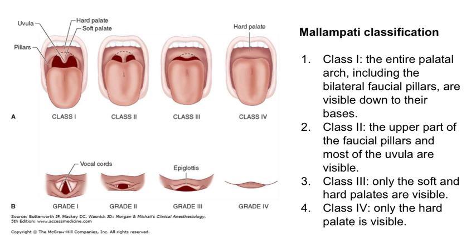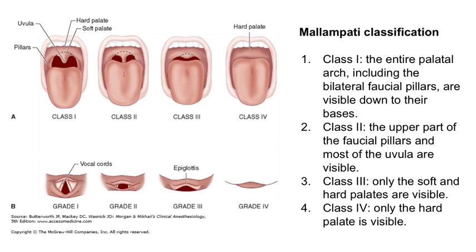This picture basically shows the Mallampati classification as well as the Cormack-Lehane classification. For the Mallampati classification, ask the patient to open the mouth, and for class 1, you will be able to see the entire palatal arch down to their bases, the bilateral tonsillar pillars as well. For class 2 is where you can see the upper part of the tonsillar pillars.